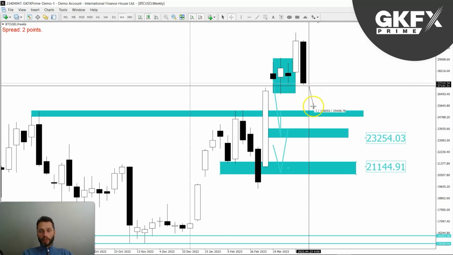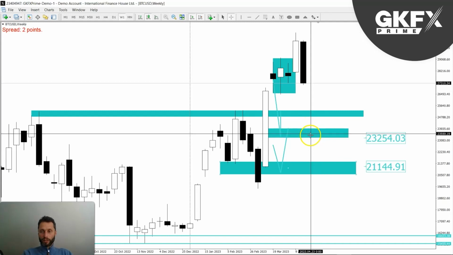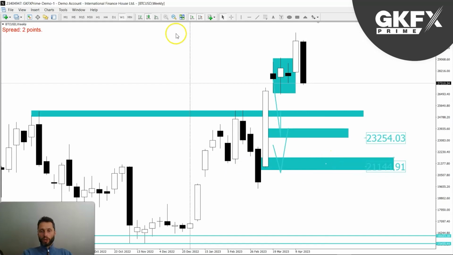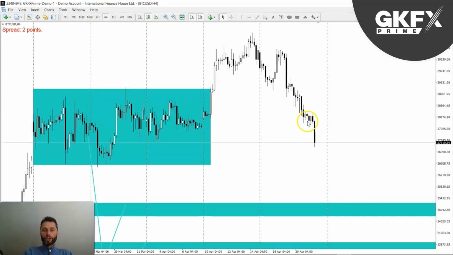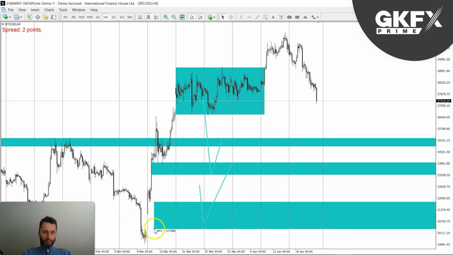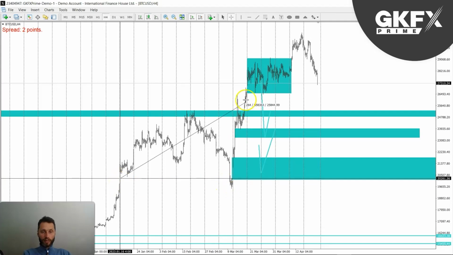So let's see if the market does indeed reach our level here, or breaks down even further and reaches the 61.8 or 78 retracement area, and this will be the extreme low if we reach that point, and then we see what happens down there. We do see that we have this kind of gap here, if you can see to the left, so we may still reach that point. Here was a previous gap, as you can see in the market, and we just filled it in and bounced away.